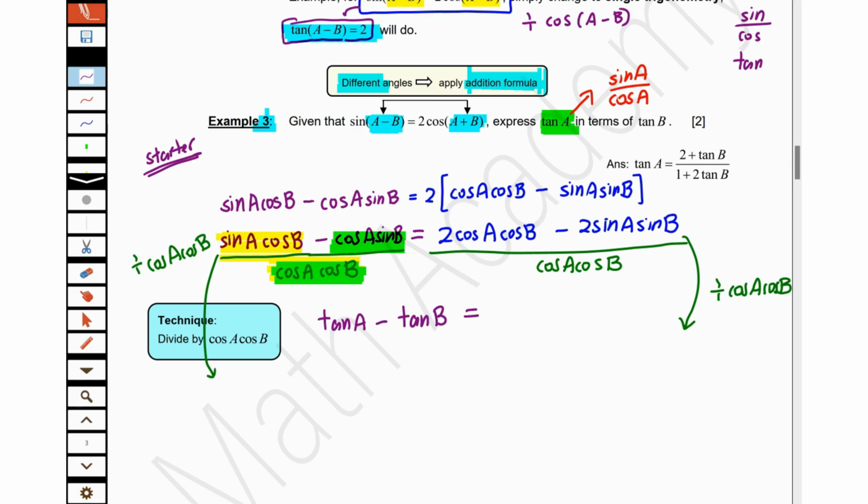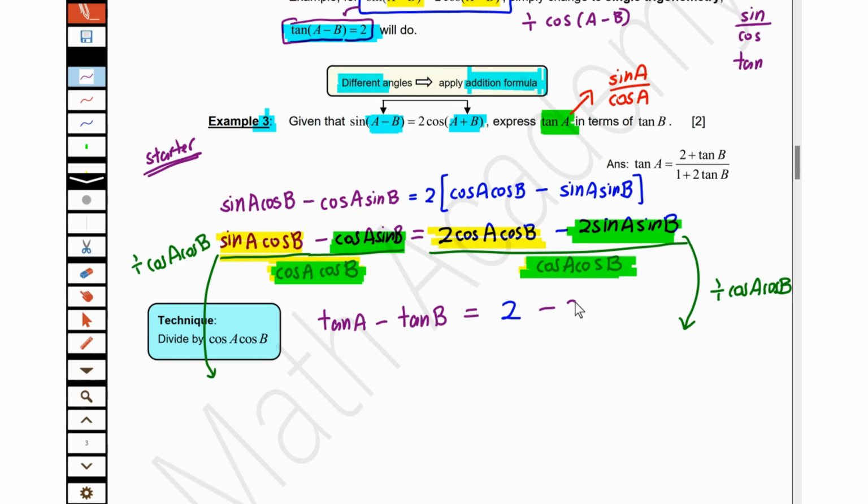Repeat the same procedure for the other side. Let's look at the yellow component first. For the yellow component, cosine A cosine B will actually cancel out. What is left is the 2. Next I'm going to look at the green color component. Sine A over cosine A, that's the first story.